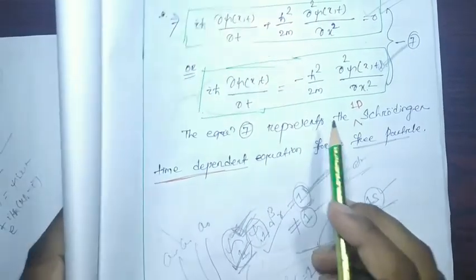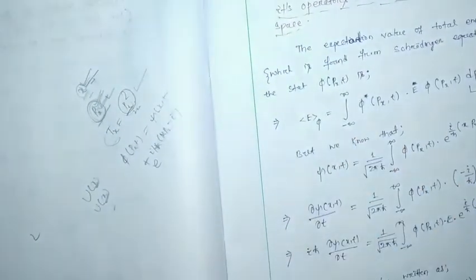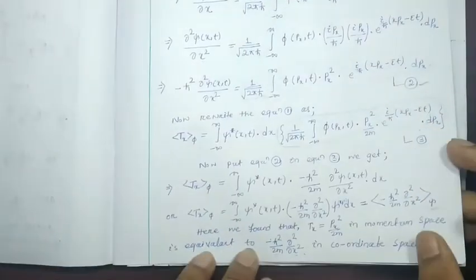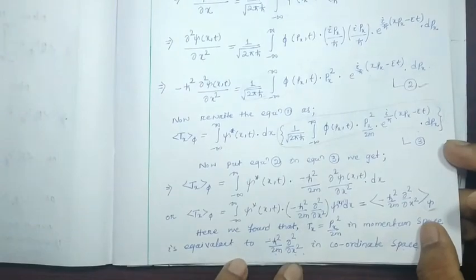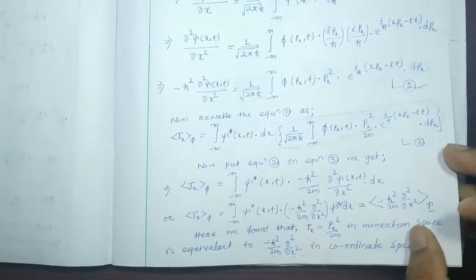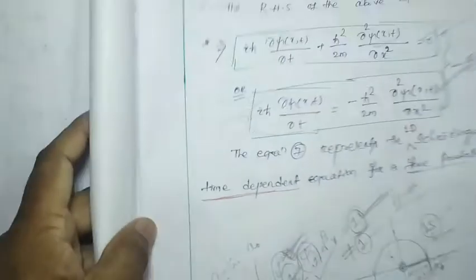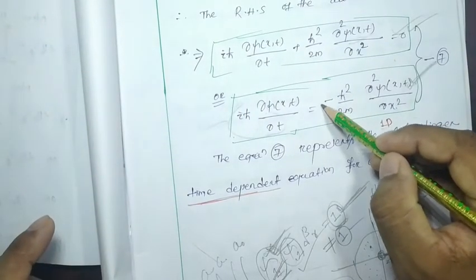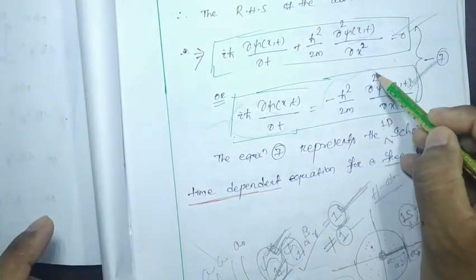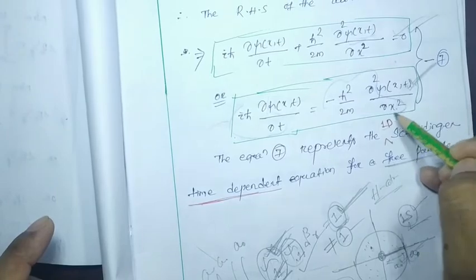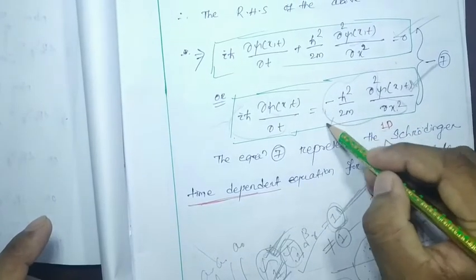Just now we found that the kinetic energy operator is nothing but minus ħ square by 2m del square by del x square. So you can observe that this is the representation of kinetic energy.